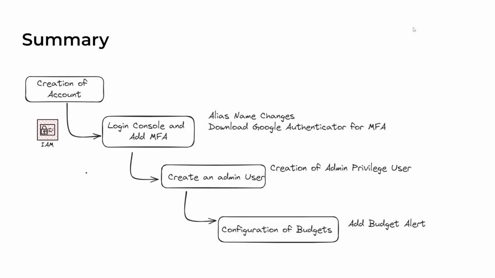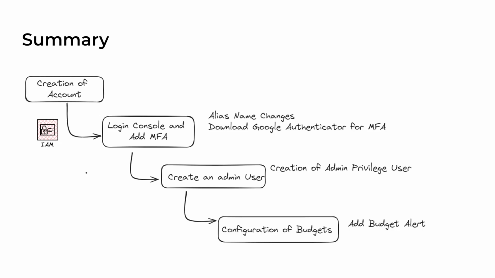The first step we have done is we have created an account, following the steps like creation of account, adding identities and all of these things, right? The second thing we have done is we have logged into the console and we have also added the MFA. MFA will add an extra layer of security to the AWS account.